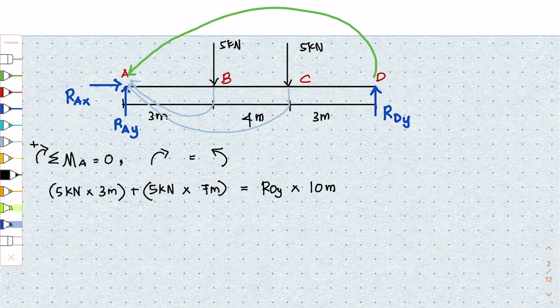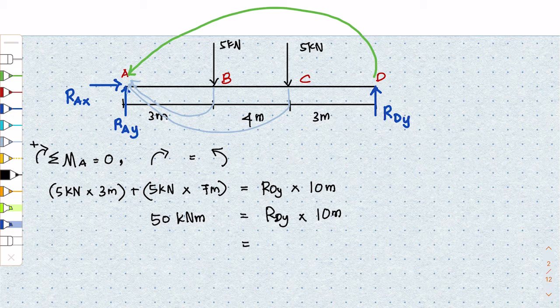Then I get 50 kilonewton meter here when you simplify it, and R dy times 10 meter here. Kita boleh solve this problem by 50 kilonewton meter divide with 10 meter.